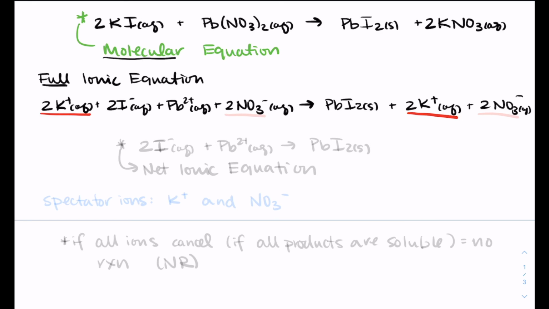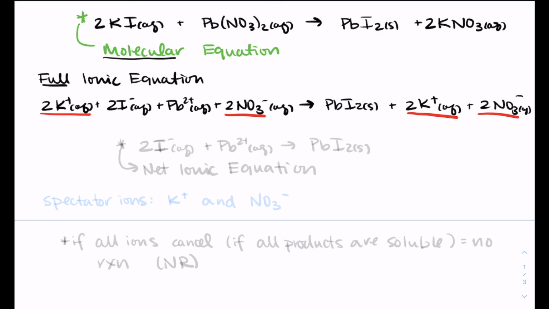Full ionic equation. So much information. So many things that don't do anything. Look at potassium. It is K+ (aq) as a reactant and K+ (aq) as a product. Having it in here doesn't necessarily give us germane information about what took place in the reaction. So because of this, we will cancel it out to create something that we call a net ionic equation.